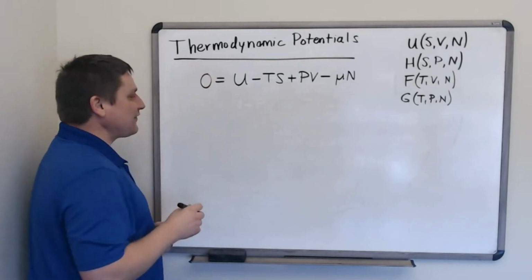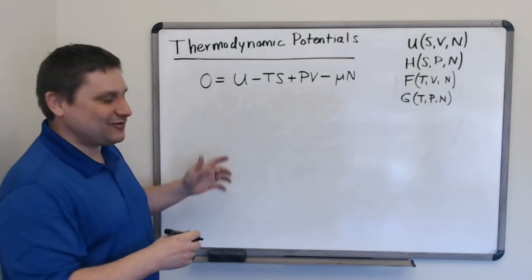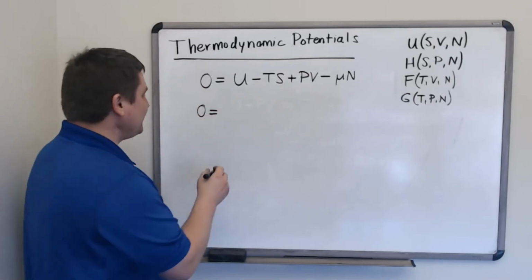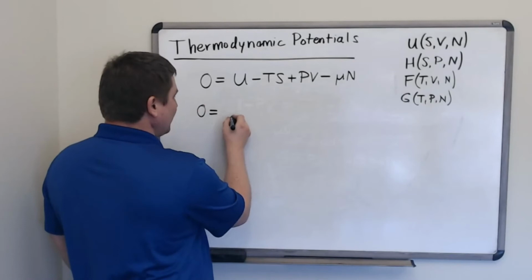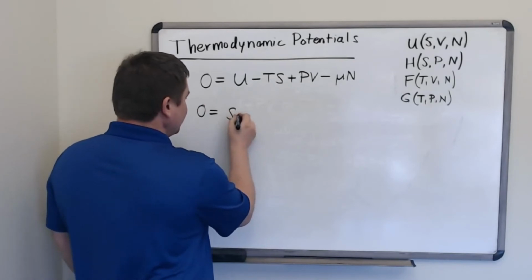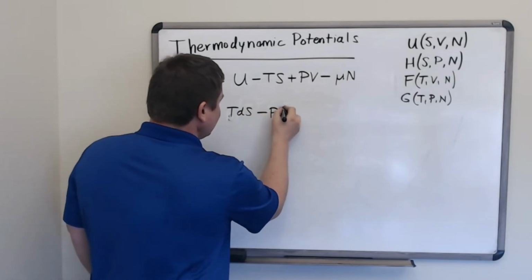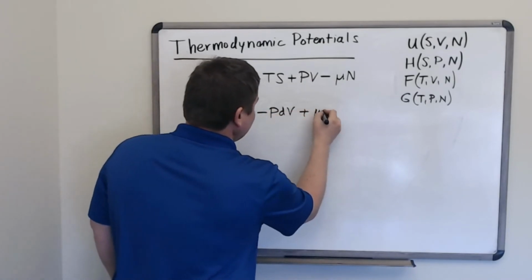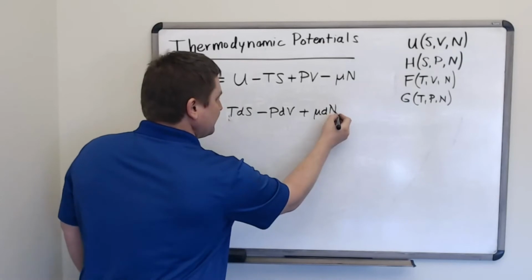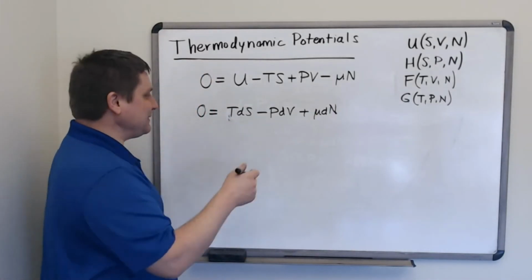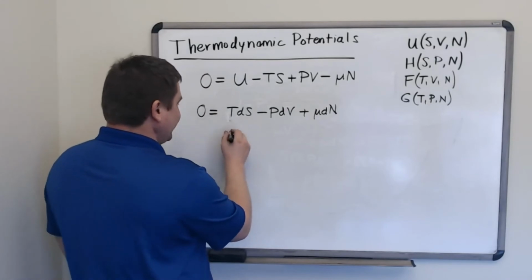Clearly, if we take the differential of 0 on the left, we still get 0. The differential of U will be, from the fundamental thermodynamic identity, TdS minus PdV plus mu dn. The other terms all have product rules, so it will amount to 6 pieces. I'll write those all out quickly.